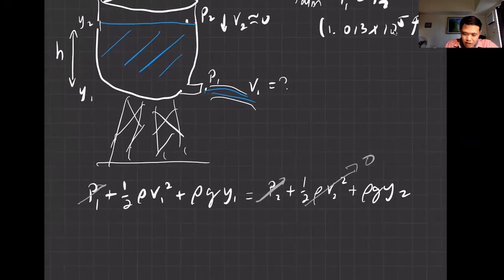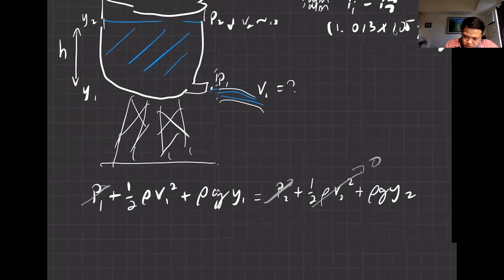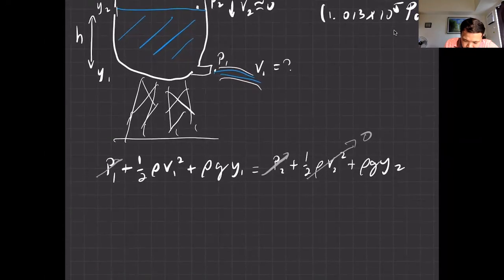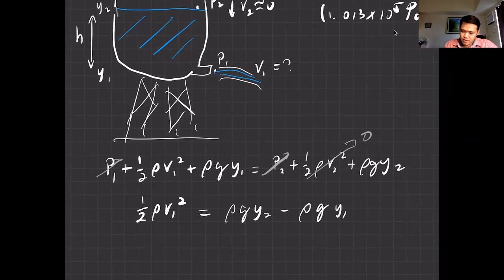Okay, so what we have here is 1/2 rho V1 squared, and then I'll transfer this to the other side, equals rho g y2 minus rho g y1. But take note, you can factor out density times g.